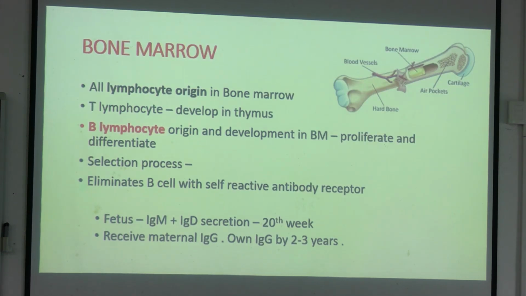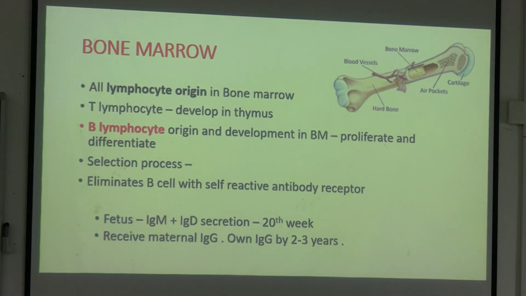Now the next central organ is our bone marrow. Okay. Now bone marrow, you know the locations of bone marrow. So all the lymphocytes originate in the bone marrow, but the T lymphocytes develop in the thymus, and the B lymphocytes, that's the main point of talking about the bone marrow, originate and develop in the bone marrow. Okay.